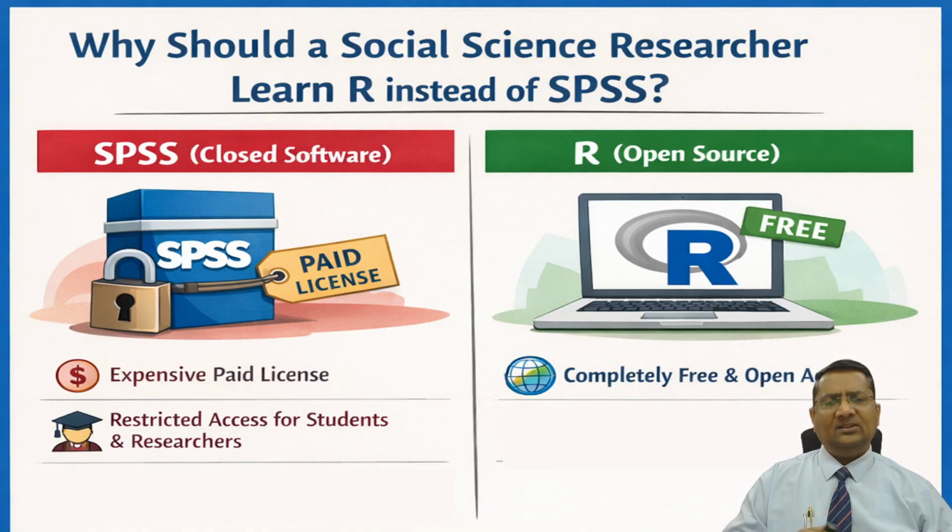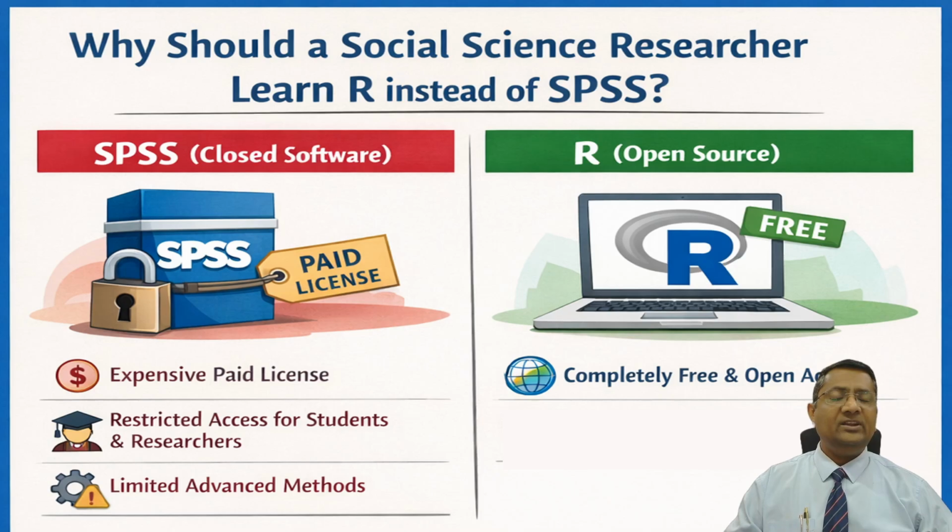More or less, SPSS is menu driven, that is true. Same way, when we use R Studio, we have the console and other things that we will learn in the later part of this complete course. You will understand everything. One more important limitation of SPSS is that it is limited in advanced emerging methods, because it is already developed, closed software.